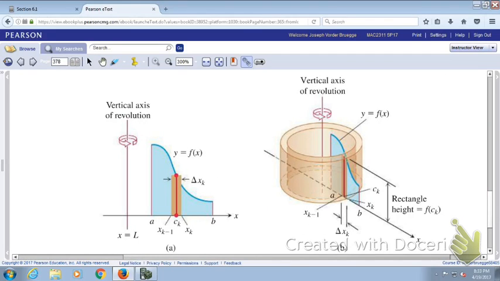So if we take a region and we revolve it around, if we slice parallel, right, those slices are going to make those ring shapes.